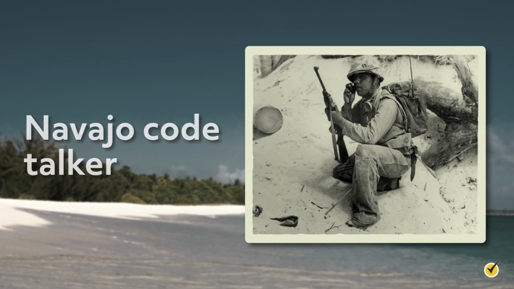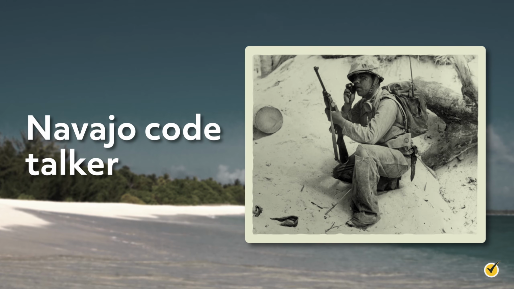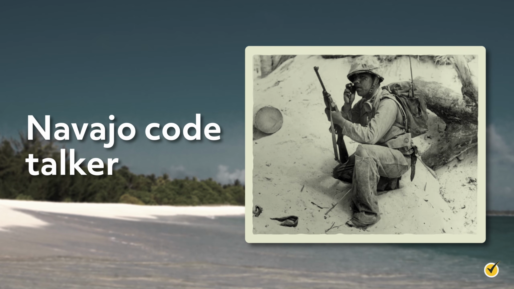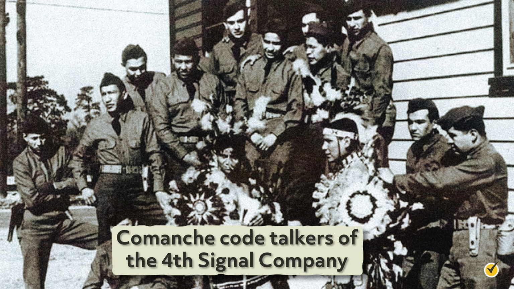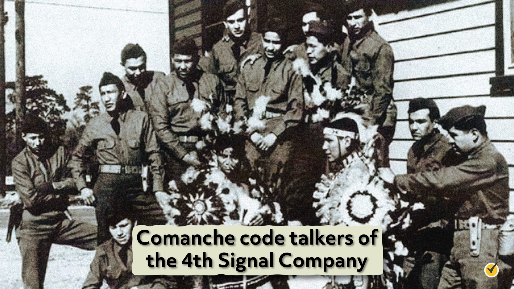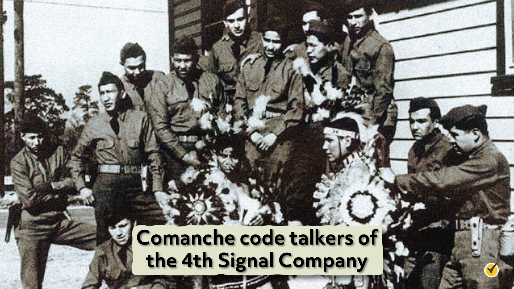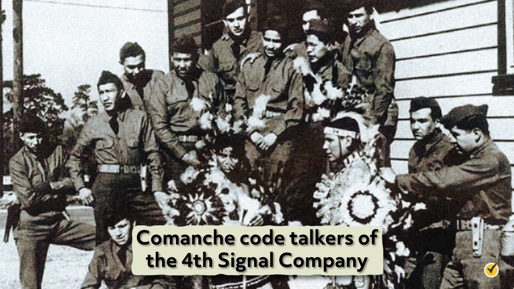The American Expeditionary Force was able to maintain the element of surprise during the summer offensives of 1918, in part thanks to the efforts of Choctaw and Cherokee signalmen. Just like the Germans in 1918, the Japanese were never able to make much sense of the transmissions made by the code talkers.